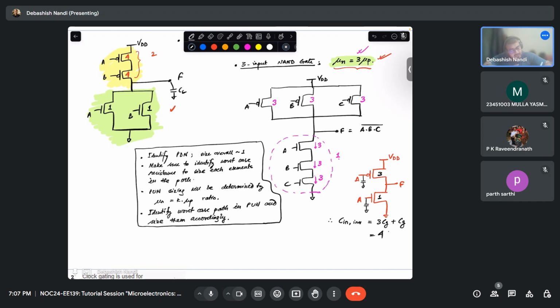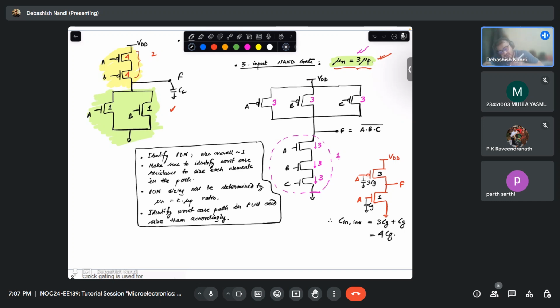So it will be 4 times Cg because Cg will scale with area, right? So your W is increasing, W by L is increasing. Yes, sir. So this is your 3 Cg, this is your Cg, okay?